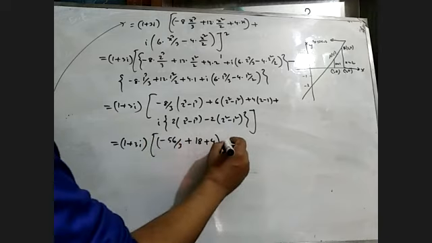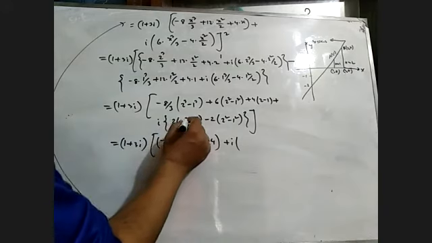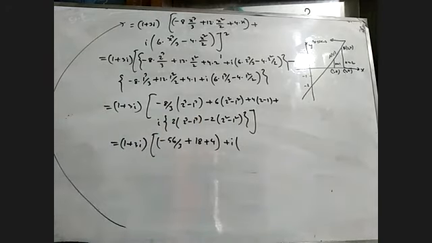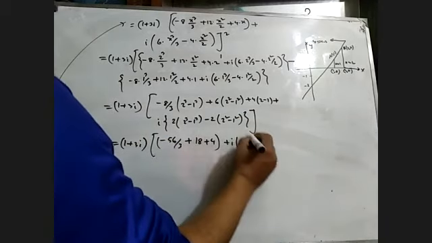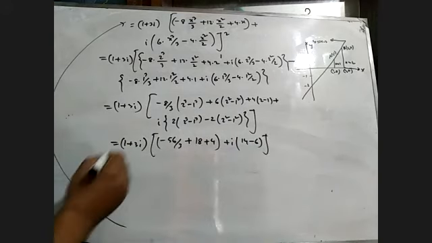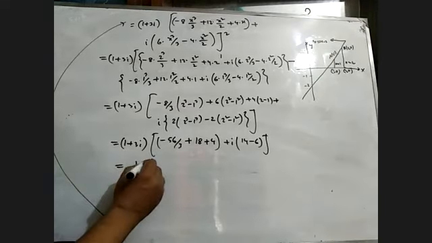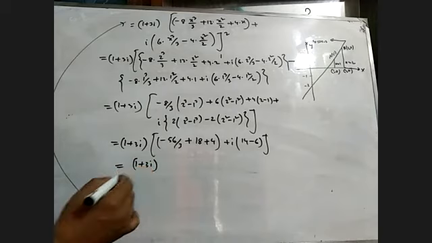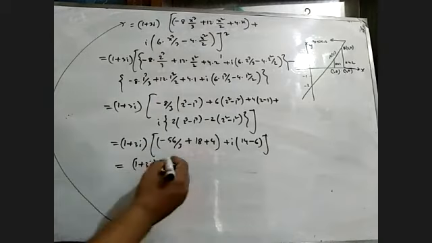This is the real part. And imaginary part will be what? 8 minus 1, 7. 7 twos, 14. And this 3 into 2, 6. Now this equals to 1 plus 3i. This means 3 will be LCM. 3 will be what?